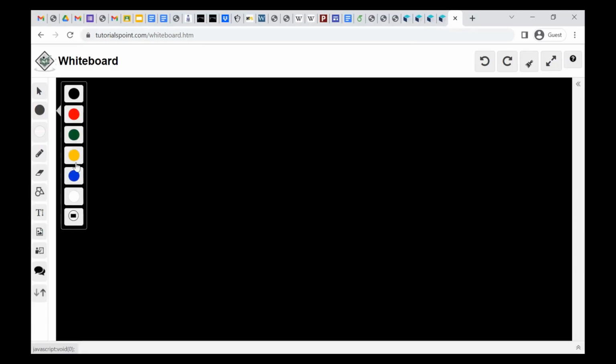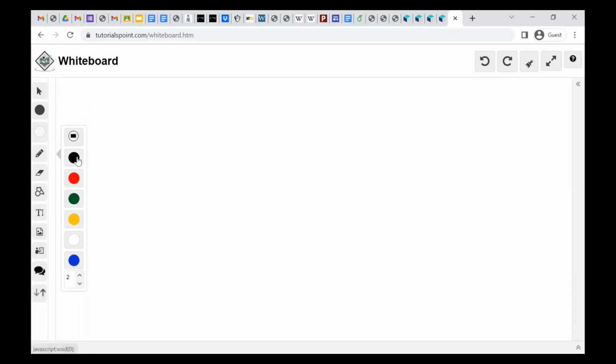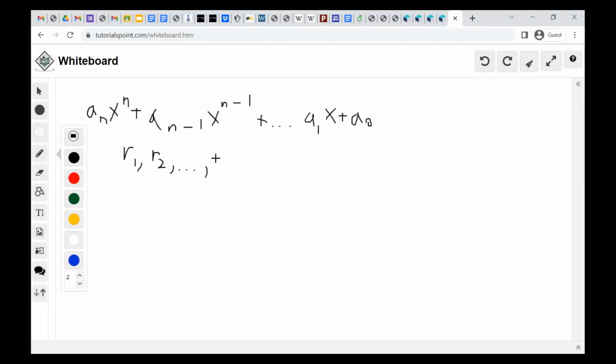If we have, for example, a polynomial a_n x^n + a_(n-1) x^(n-1) + all the way to a_1 x + a_0, let's say the roots, by the fundamental theorem of algebra, are R1, R2 through Rn.